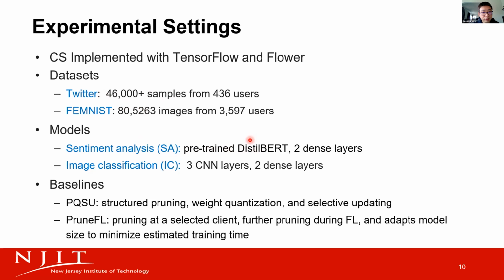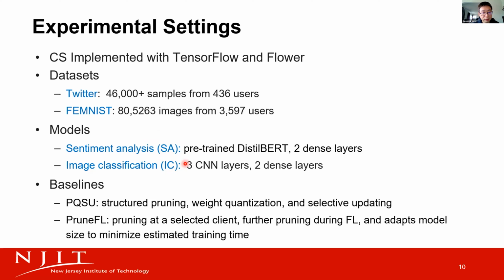This is a relatively small model. And the second model is an image classification model. We use two CNN layers and two dense layers to classify the images in the FEMNIST data set into one of the 62 classes. This model, we consider it as a relatively larger model with a larger data set. We have the two models to check if there are any differences.